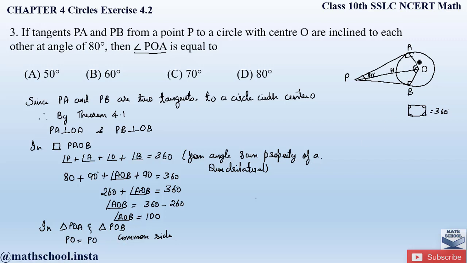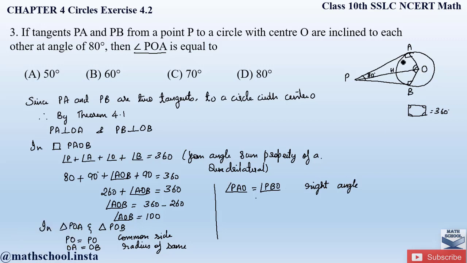Then you can write OA is equal to OB, that is the radii of the same circle. Because it is the radii of the same circle, OA is equal to OB. And the last one is angle PAO is equal to angle PBO because it is a 90 degree angle. Angle PAO is equal to angle PBO because it is a right angle.